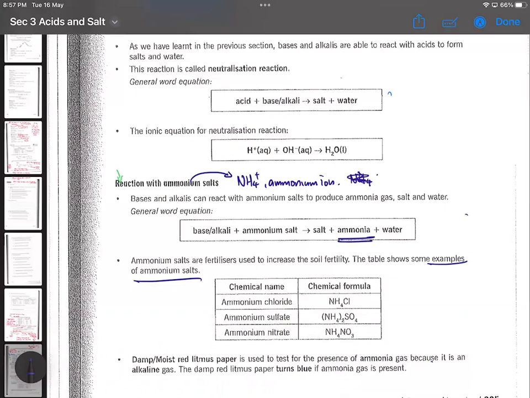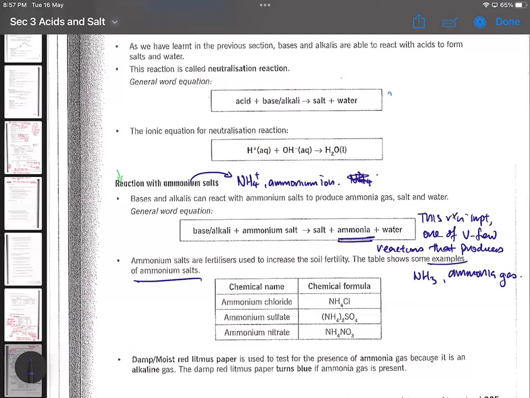Again, to construct the equation, all next week. But just know that this reaction is particularly important because it is one of the very, very few reactions that produces ammonia gas.